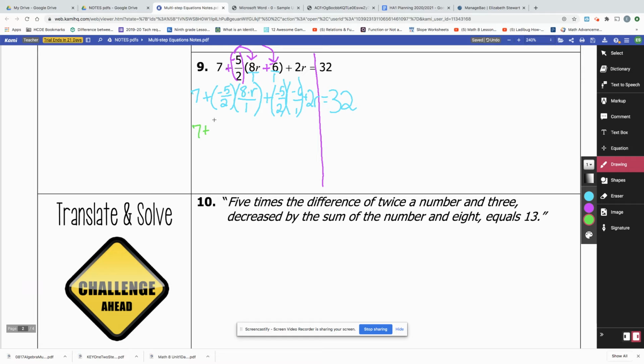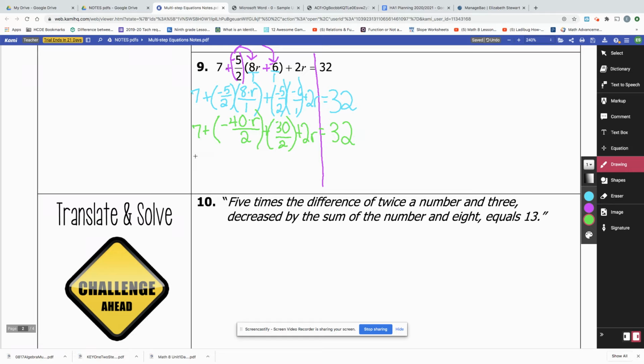Negative 5 times 8r makes that term negative 40 times r divided by 2, plus. Now, this next term, I've got a negative 5 times negative 6. That becomes 30 divided by 2 plus a 2r equals 32.